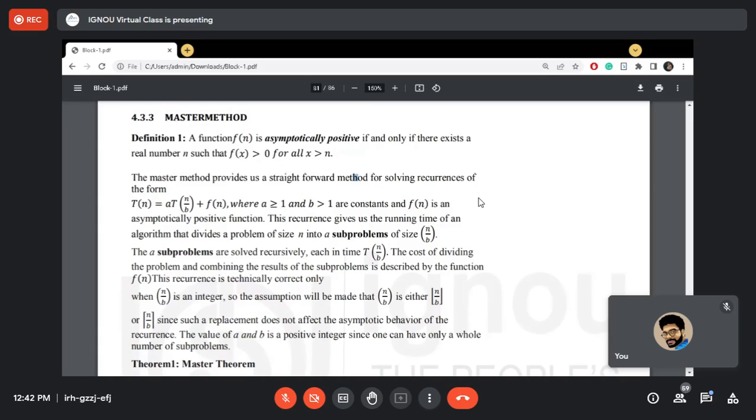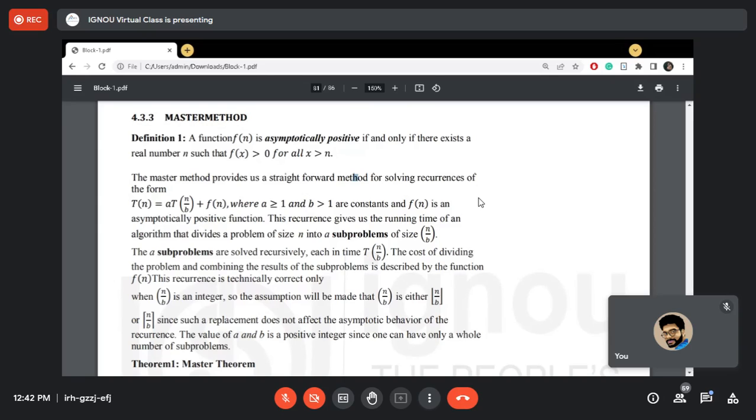The master method is a recursive function that gives you the running time of any algorithm that divides a problem of size n into sub-problems of size n divided by b.